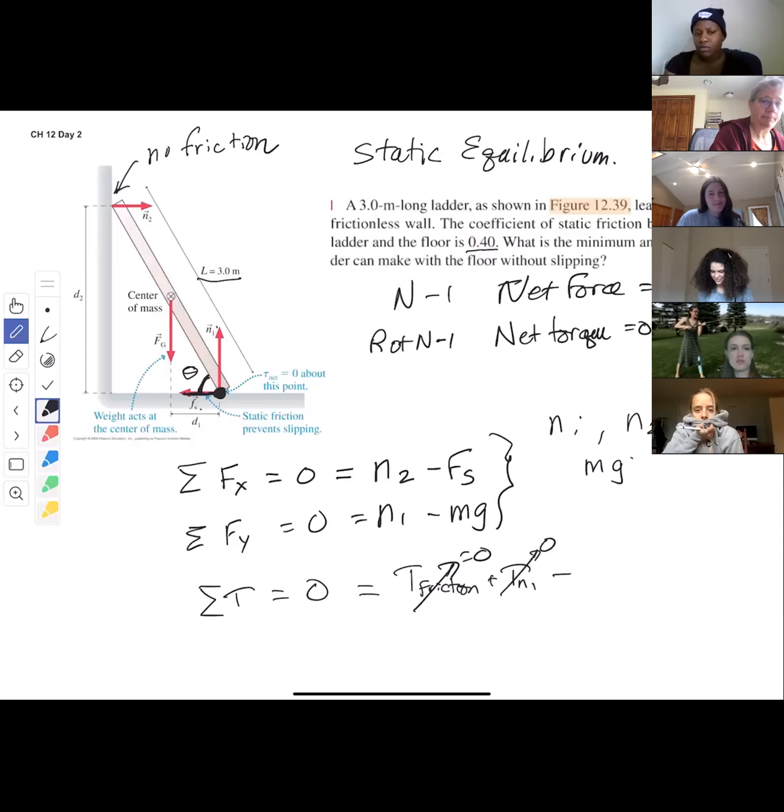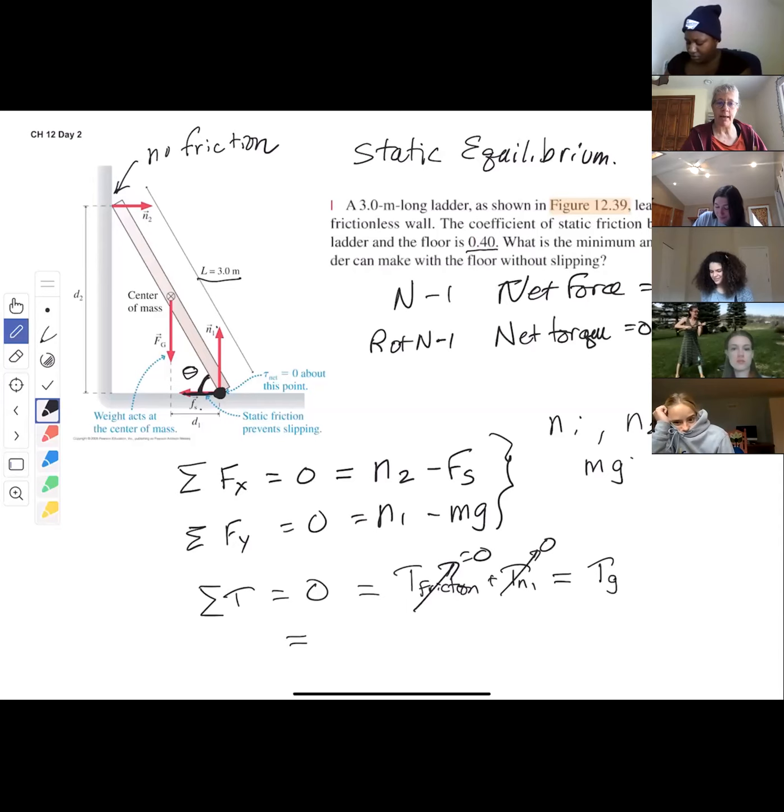Okay, all right. Let me go next. I see Theo's lovely face. Theo, can you tell me one more term that should be in this torque equation? Gravitational force. So the torque due to gravity. And what will that one be? I'm going to go ahead and carry that one down. How big would that torque term be?